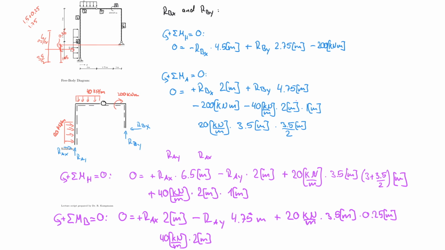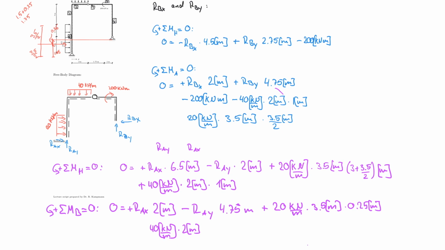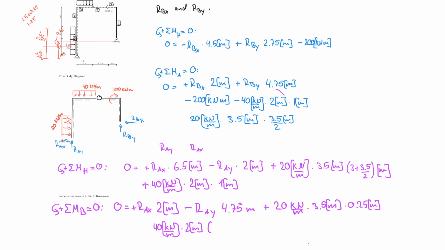So let's write it down that way: 2 halves plus 1.75 plus 1, and that is in meters. And I have to decide for a sign now. The force is rotating this way around, so counterclockwise, therefore it's positive. Last but not least, my 200, so negative 200 because it's clockwise, so minus 200 kilonewton meters.